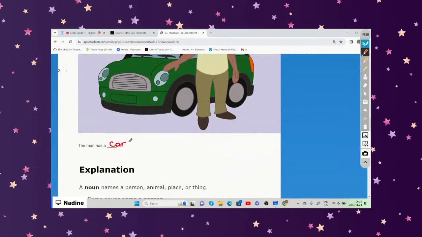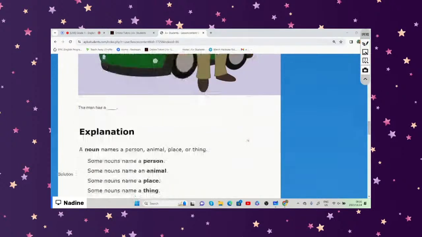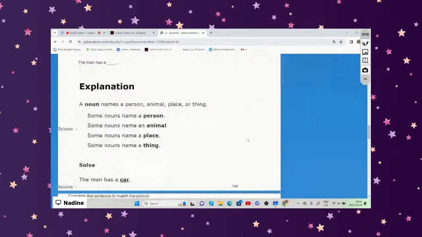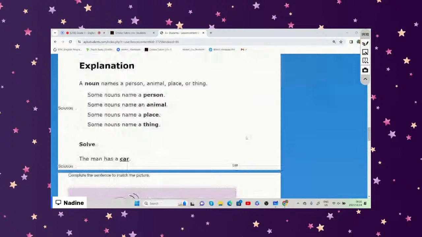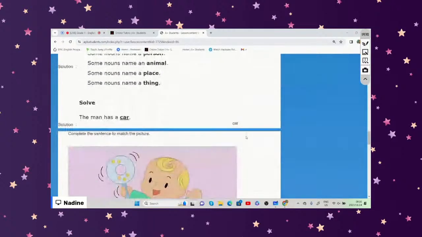Wonderful. So yes, a green car will also work, but the word green is an adjective, and for now we're just focusing on the nouns. So the man has a car, and like you say, the man has a green car.